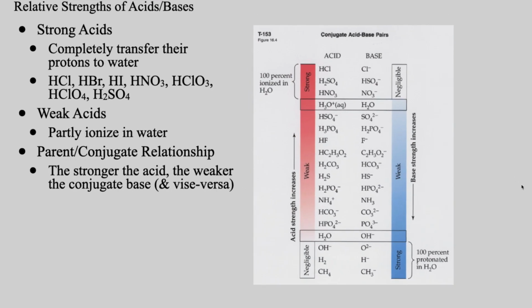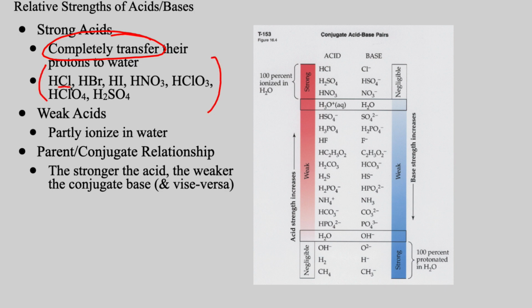If you have a strong acid, this is why I had you define strong. Strong means busts apart, ionizes completely in water. So the strong acids completely transfer their protons to water. And these are the 7 that do this.